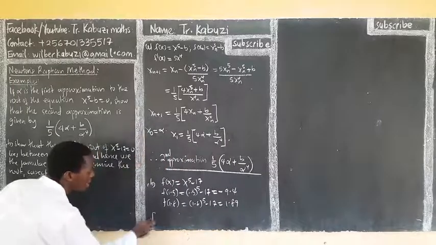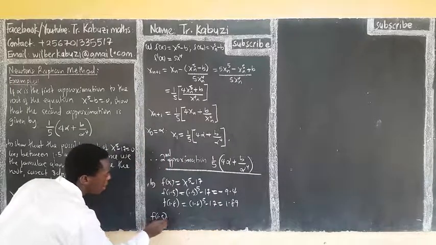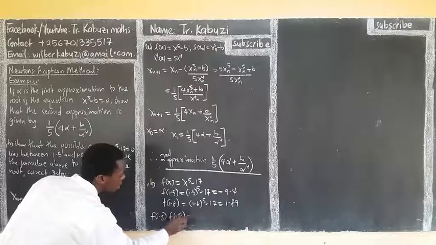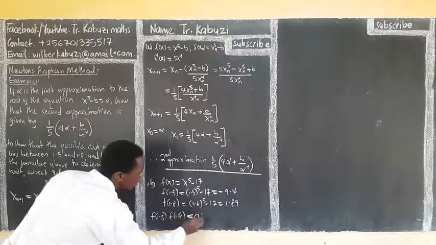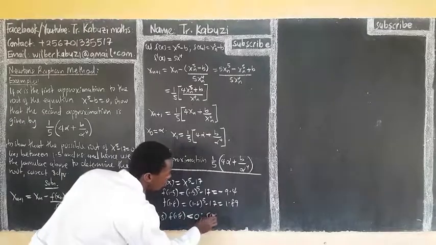So f of 1.5 is negative, less than 0, and f of 1.8 is positive, hence a root lies between them.